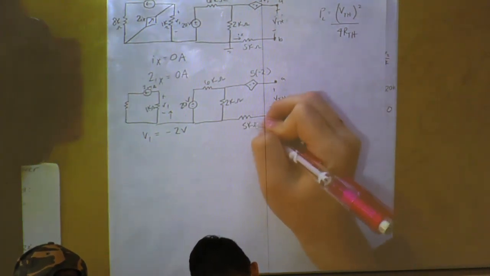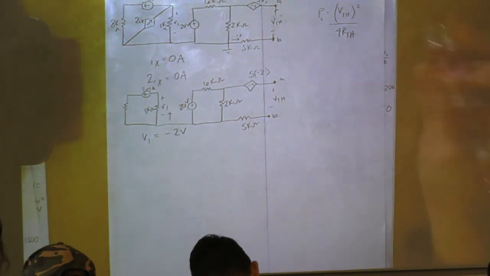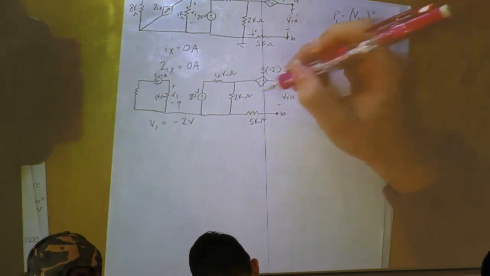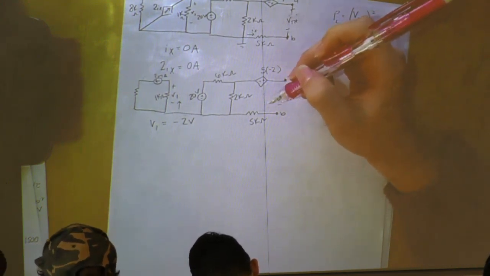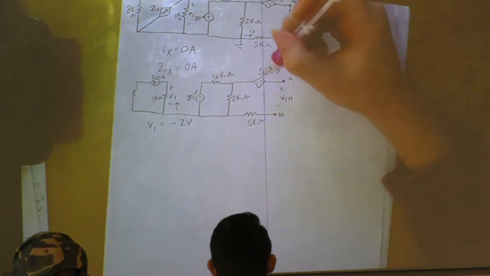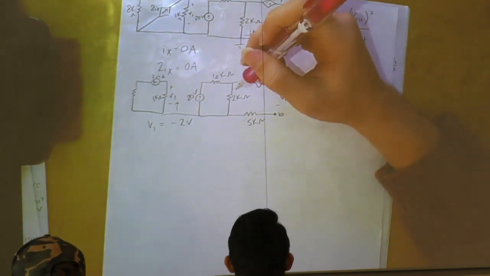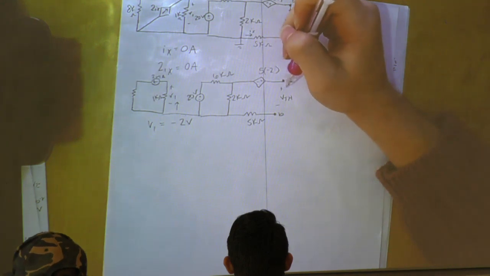So the only way we'll be able to find our VTH is by doing a KVL in this loop. Since our dependent voltage source is here, we can't simply say that the voltage across the 2 k ohms is our VTH.